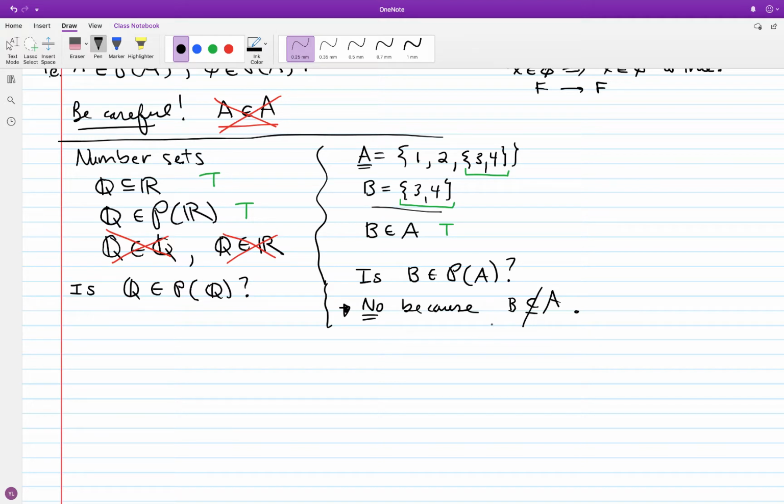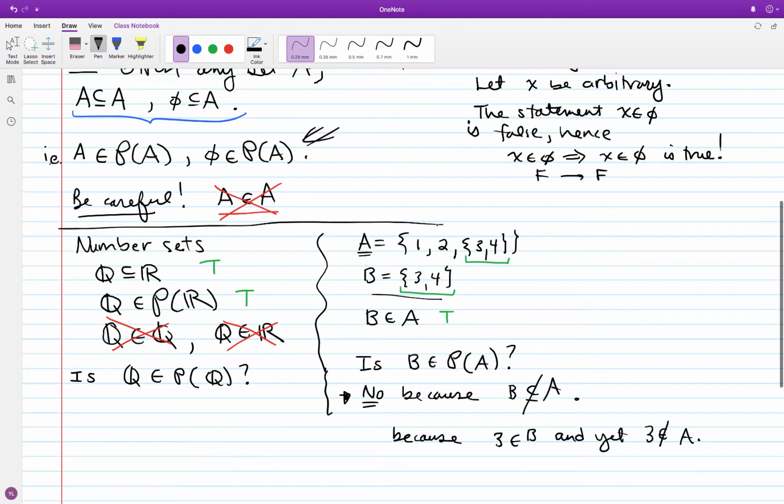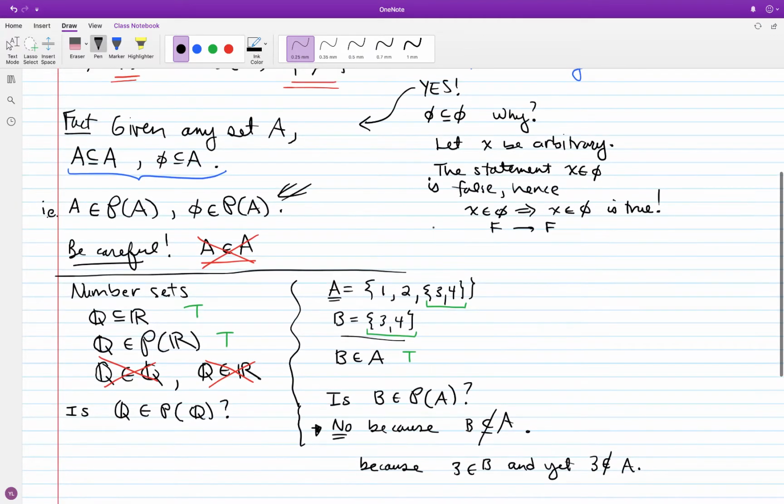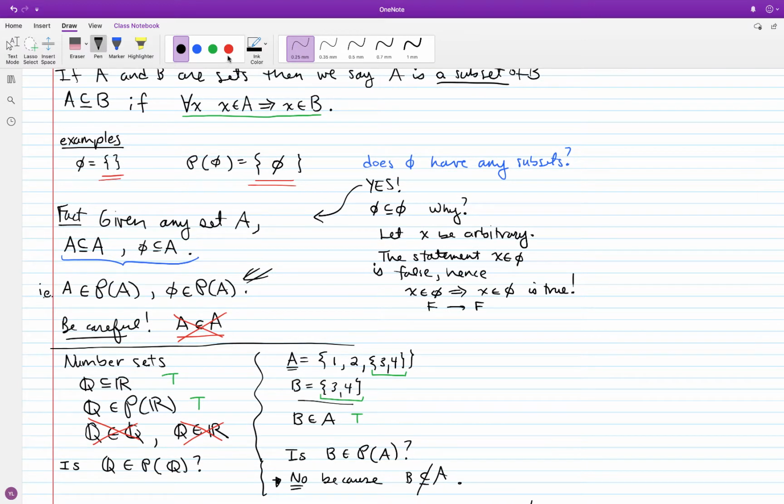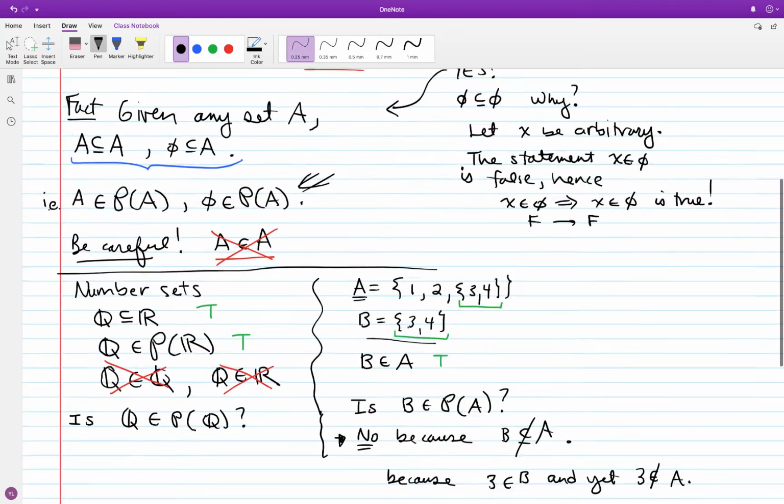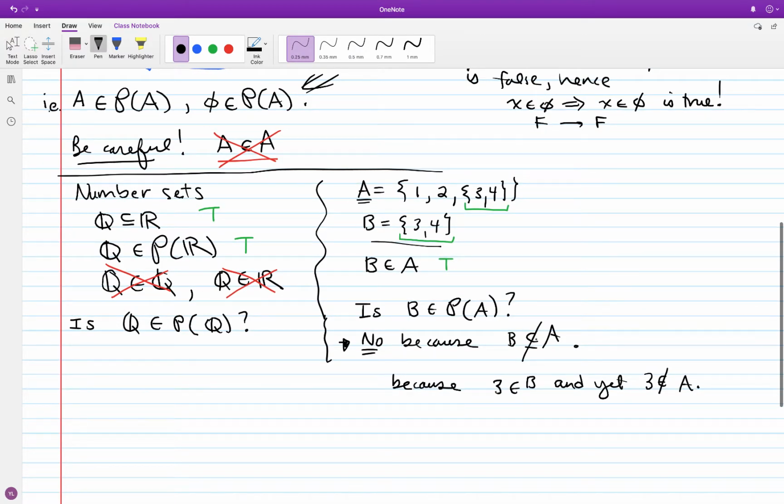If I want to demonstrate that what I've just written here as a claim is actually true, I can demonstrate: 3 is an element of B, and yet 3 is not an element of A. And so again, if I glance up here and see what it takes for one set to be a subset of another set, I need all of the elements of the first to be elements of the second. So in this way, B is not a subset of A.